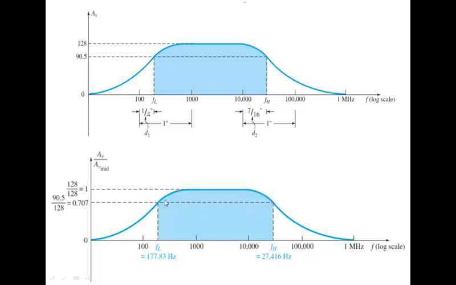So at the cutoff frequency, the gain was 70% of its maximum value. If you take 0.707 of 128, it would be 90.5. And when you divide 90.5 by 128, it becomes 0.707.